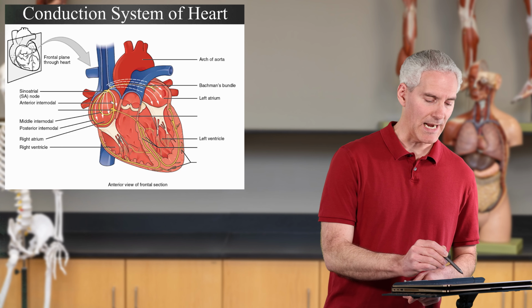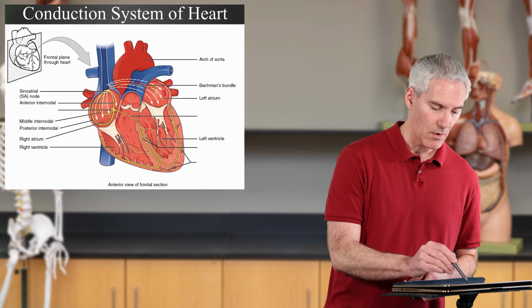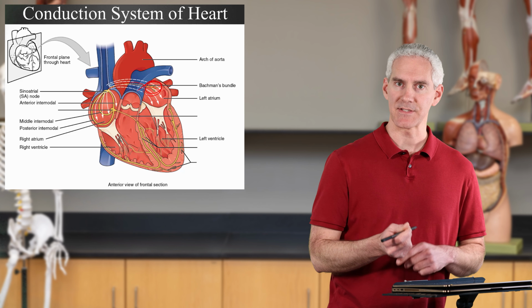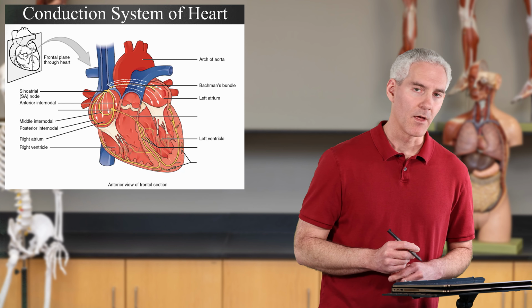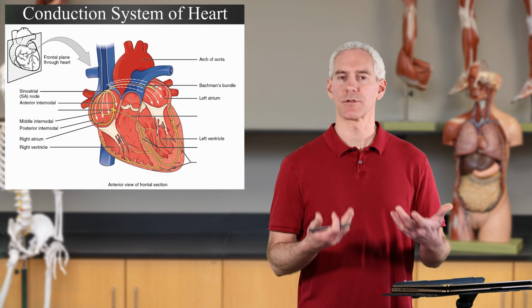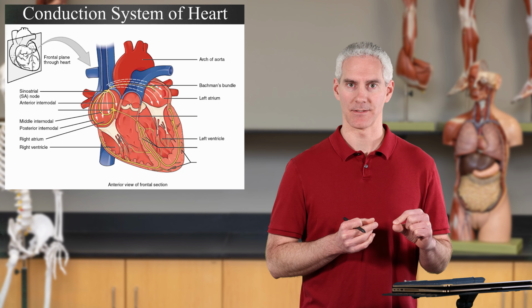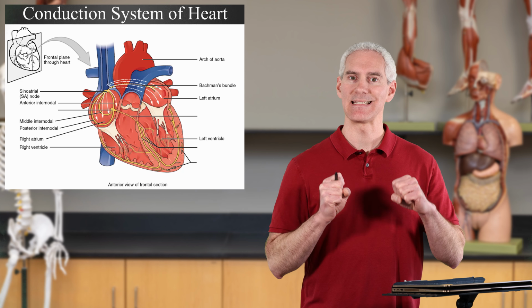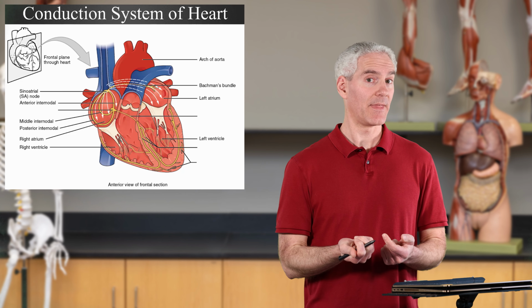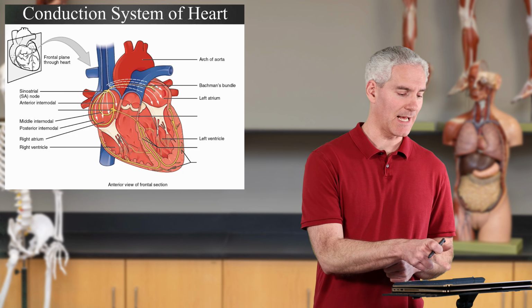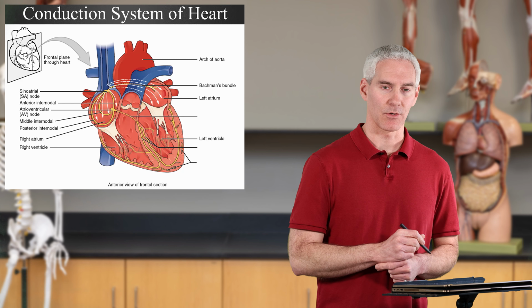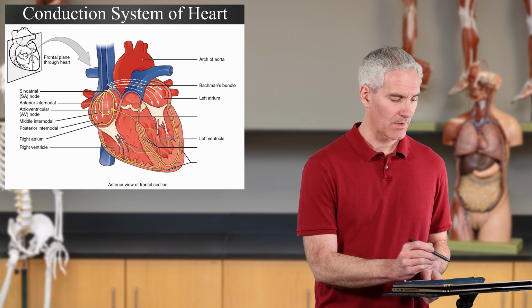You also have this Bachmann's bundle carrying it over to the left atria. So that helps with the depolarization of the right and left atria in synchrony. They must contract together.